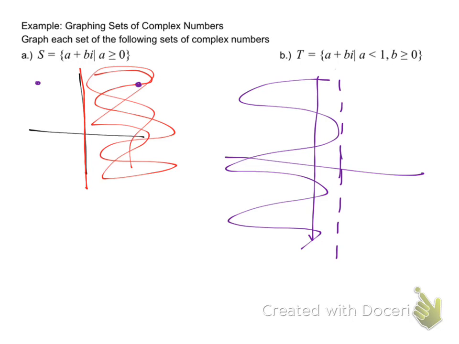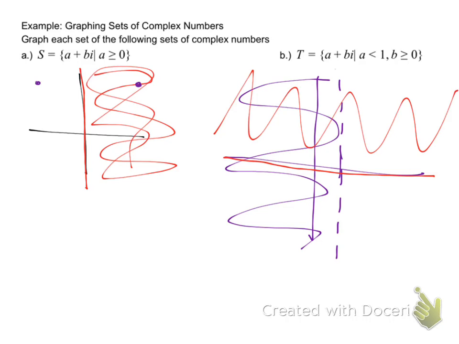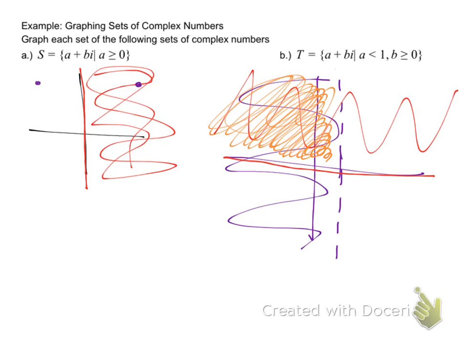And we have b is greater than or equal to 0, so there it's a solid line at y equals 0, shading up. So we would say that our solution set is basically the second quadrant with a little bit of a sidestep into the first quadrant.